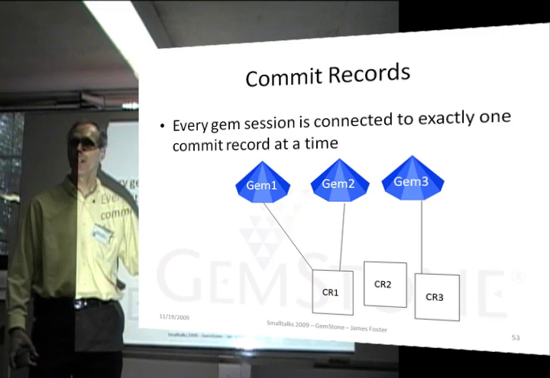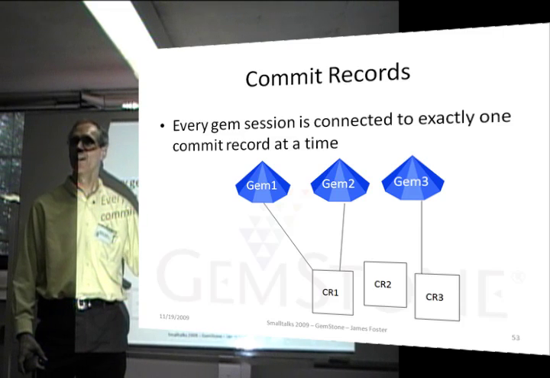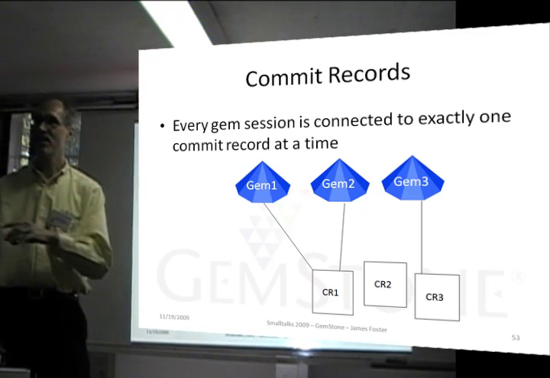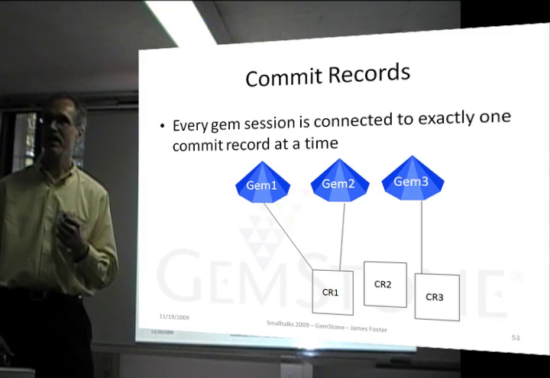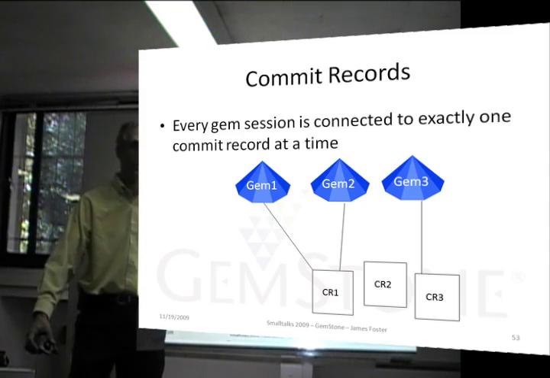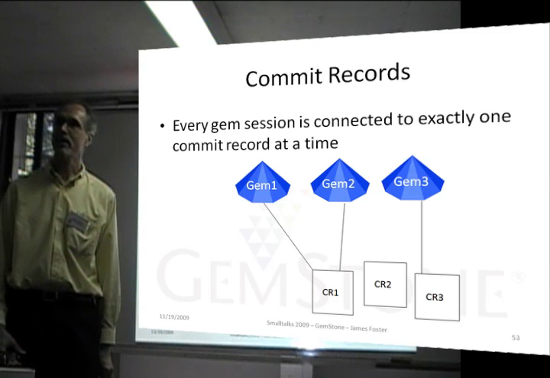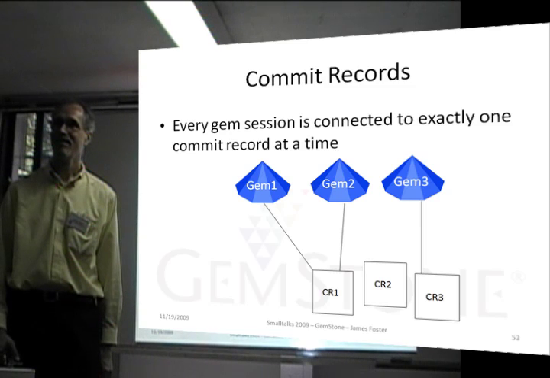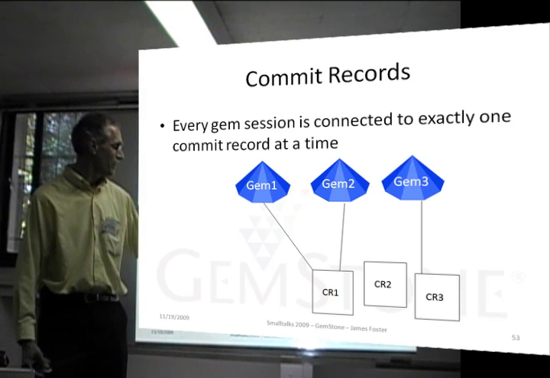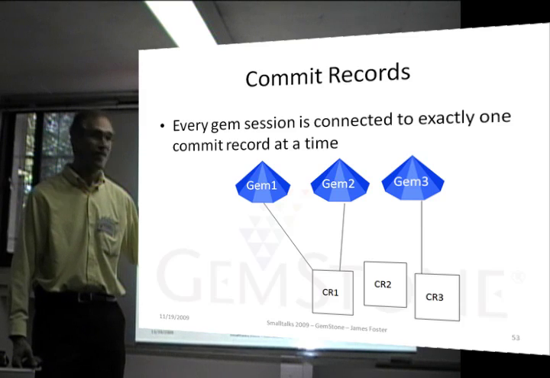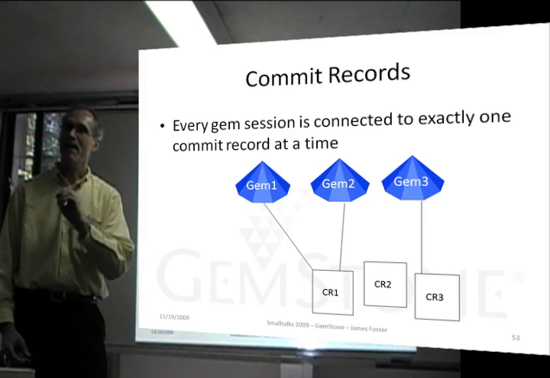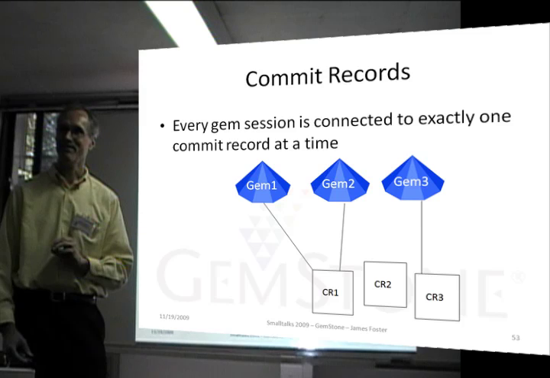So the commit record includes a list of the pages that became shadowed. Now the pages will still exist in the repository and possibly in the shared page cache. Each commit record has only the pages that got shadowed by its commit. So if you had something that was shadowed in commit record 2, when gem 1 and gem 2 stopped using commit record 1, those shadowed pages could then go away at some point after that? Yes. They would become eligible to be garbage collected.